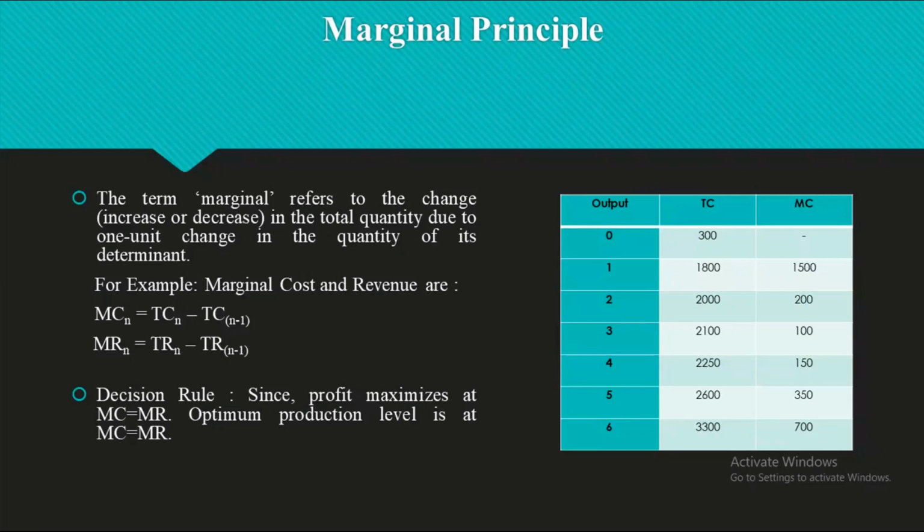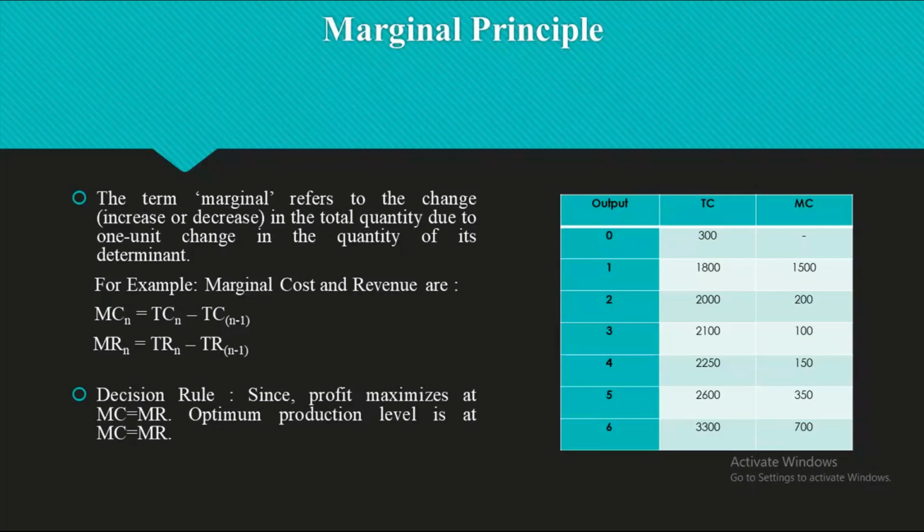So marginal cost is actually, with every unit increase in the output, the change in the total cost. From unit 0 to unit 1, the marginal cost is very high, 1500.